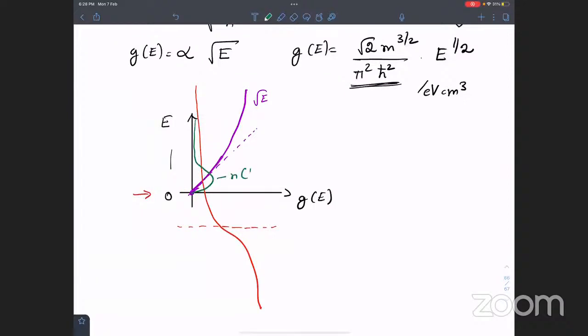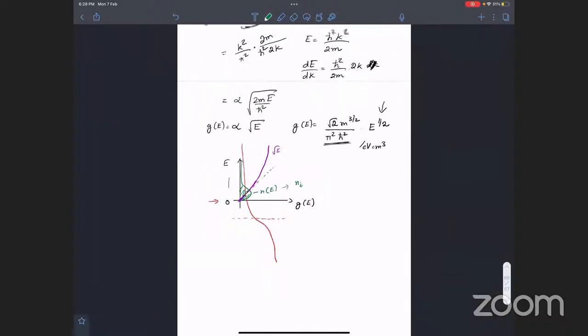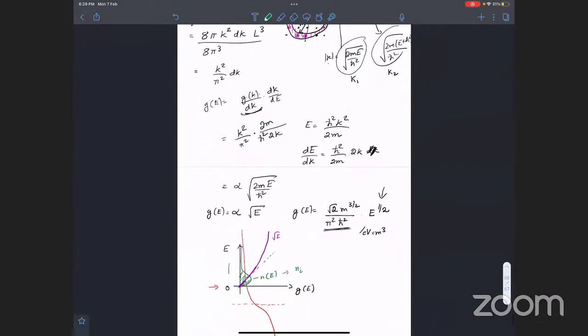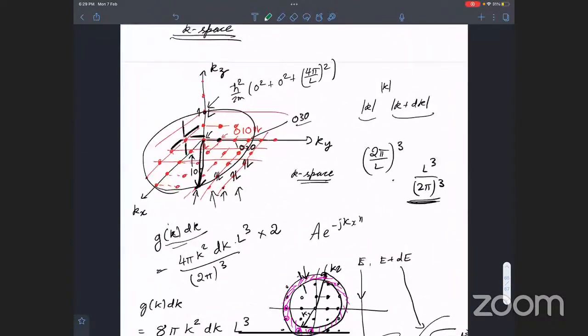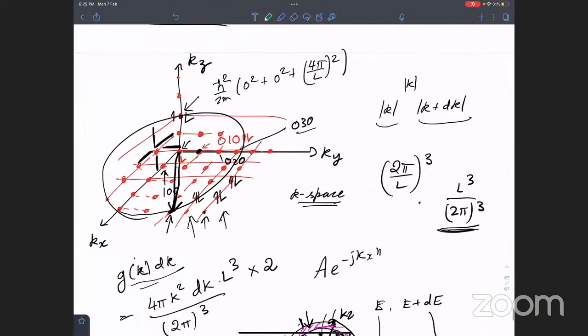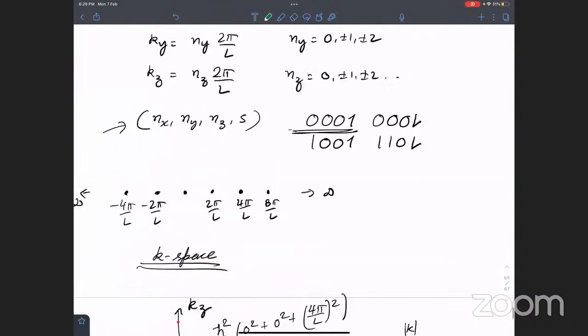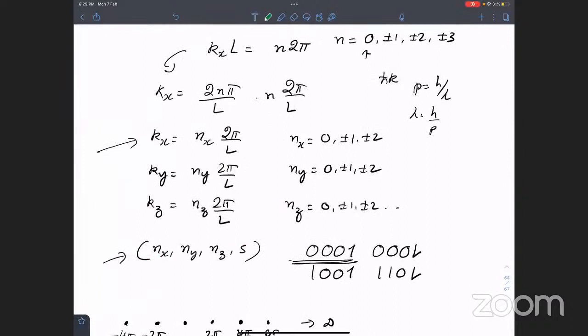This is my occupation, and when you integrate this, it's going to give you Ni. I hope you have already done this, just a recollection. I hope this jogs your memory as to what is happening. This is how we do quantum density of states in 3 dimensions.